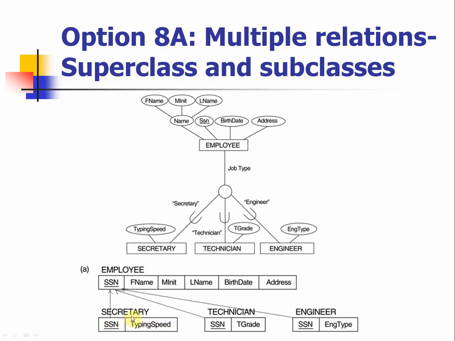It will only use the primary key that goes to the superclass, and whatever local attributes stay as is. So you can see that for technician, it's doing the same thing, still using social security number, forming a foreign key, going back to the employee with its only local attribute. Engineer is doing the same thing. So that is the first choice, which is very similar to the original EER diagram.